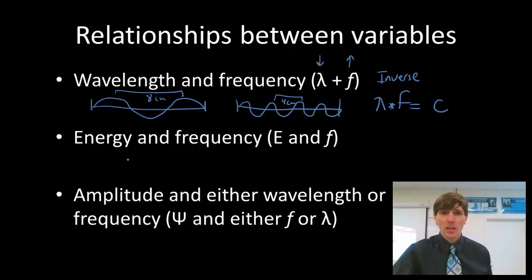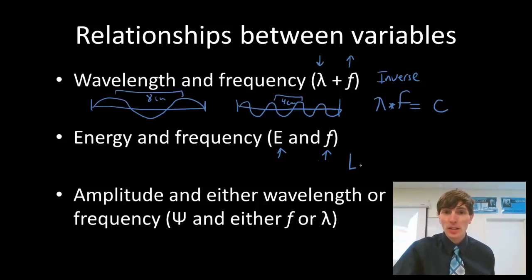Energy and frequency. If I add more energy, so let's say I turn on the water faucet, we have a lot more energy. Waves are going to get busier. Okay, there's going to be a lot more going on. So if I turn on the water faucet more, we're going to have more energy, my frequency goes up. More energy, frequency increases. There's also a mathematical relationship here between energy and frequency.